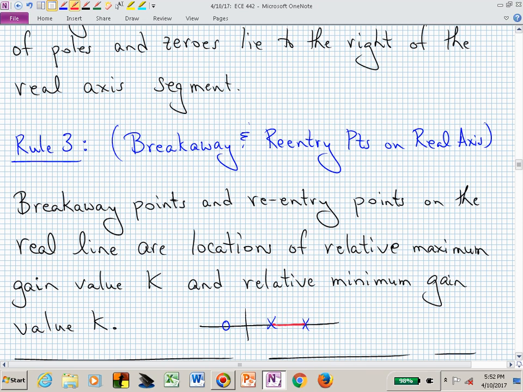And do any of those additional ones belong to the root locus? If I now go off to, let's say, minus infinity, how many poles and zeros are to my right? 3, which is odd. So I know that I have this segment on the root locus. I had a breakaway here, but now that breakaway is no longer at the midpoint. It's at the geometric mean, and we'll talk more about that maybe in a minute.